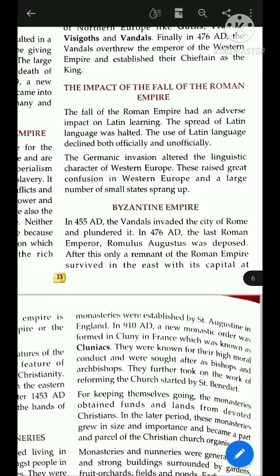After this, only a remnant of the Roman Empire survived in the east. Remnant means the remaining part of the Roman Empire, which survived in the east, with its capital Constantinople.